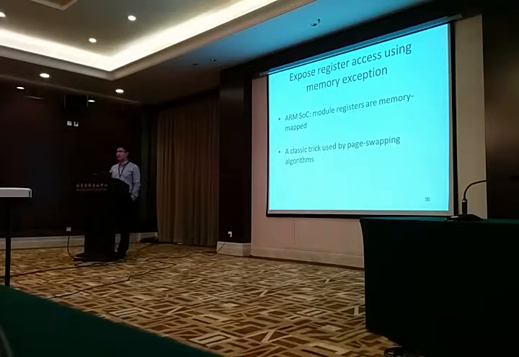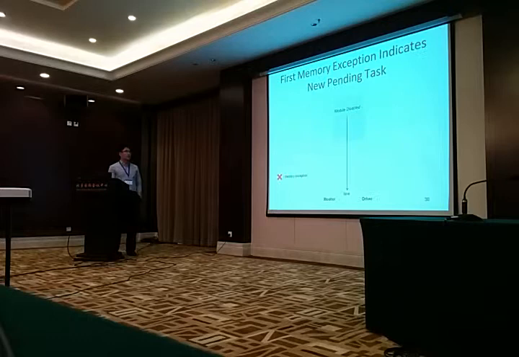This is a very classic trick used by page swapping algorithms when they try to count the page references. More specifically, for a module that has already been disabled, its next register access will cause a memory exception. And our monitor will notice the memory exception and then infer there's a new pending task for the module, and the module needs to be enabled.